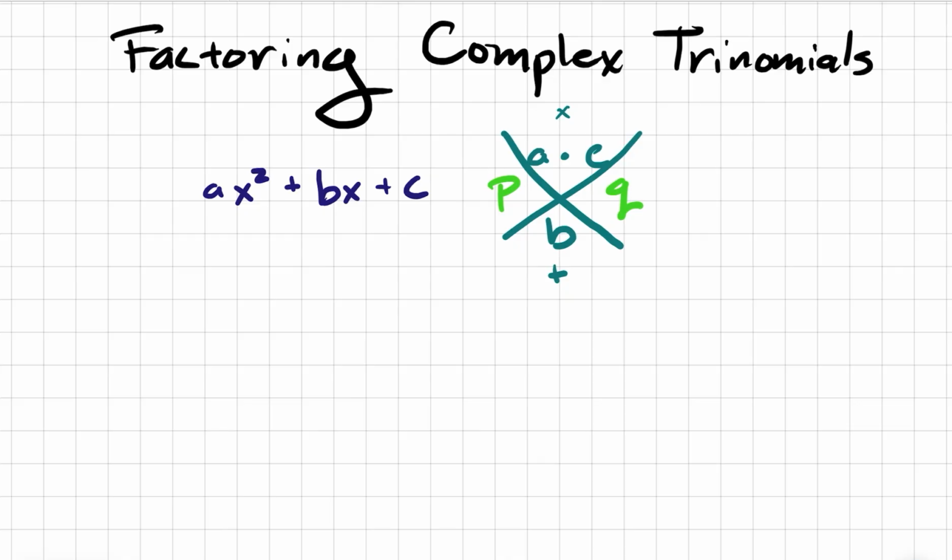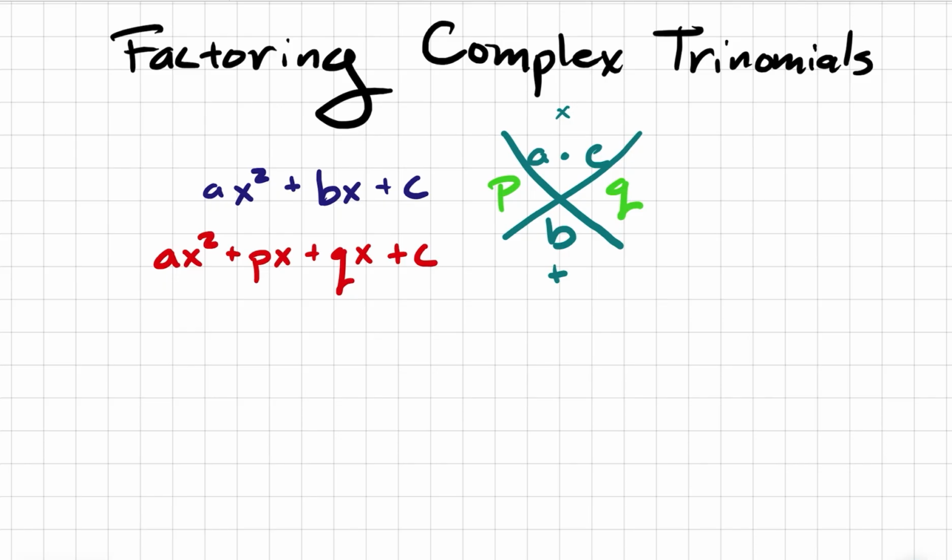What I'm going to do with them is a little bit different than last time. Last time we just threw them into factors and called it good. This time we have to organize it and write it out a little bit differently. I'm going to get p and q, but I'm going to rewrite my polynomial like this, where I split the middle term into px plus qx.